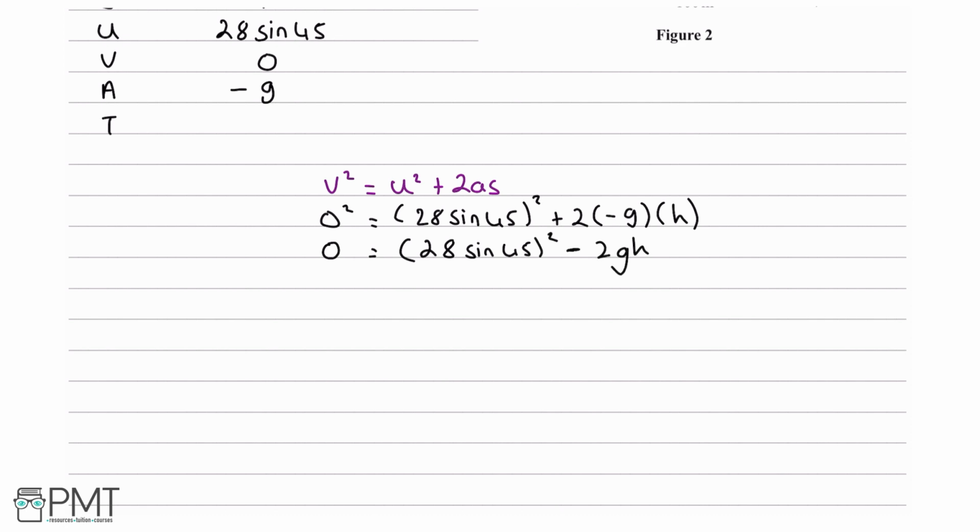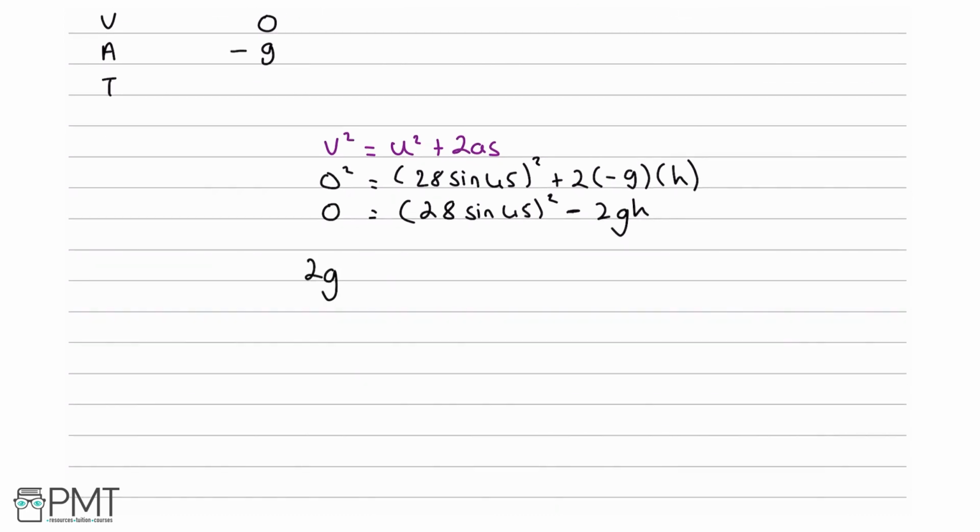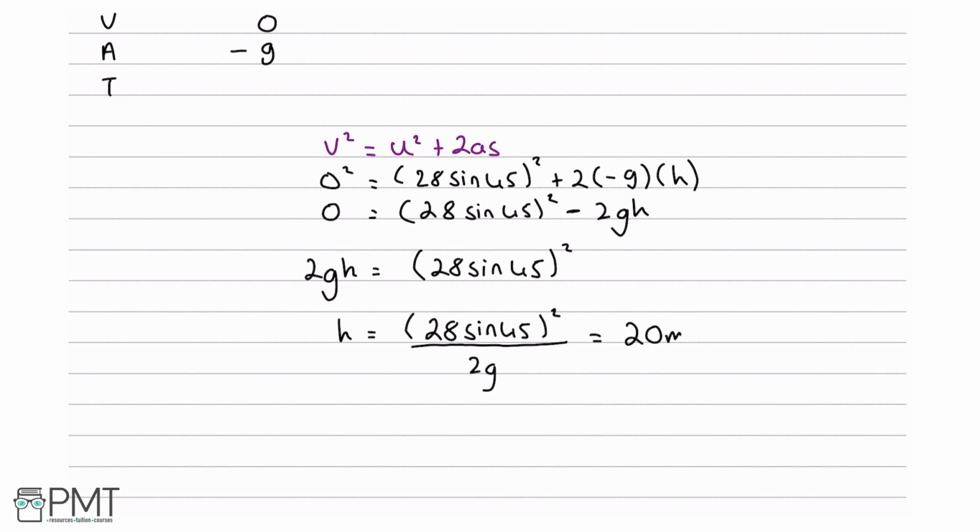Rearranging for h, you would get 2gh equals (28 sine 45°) all squared, so h equals (28 sine 45°) all squared divided by 2g. And this will get you a height of 20 meters.